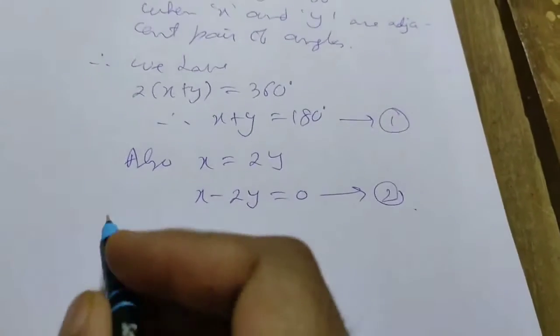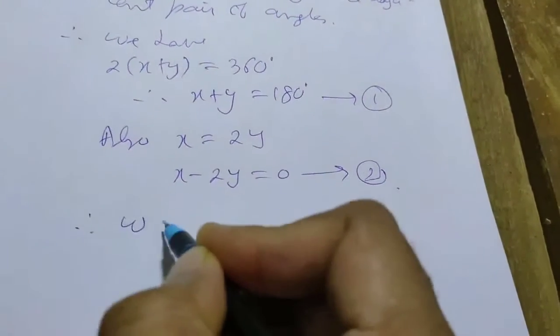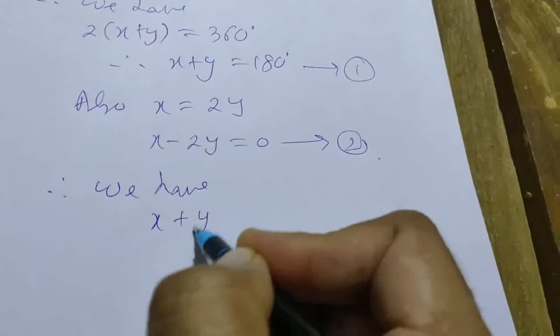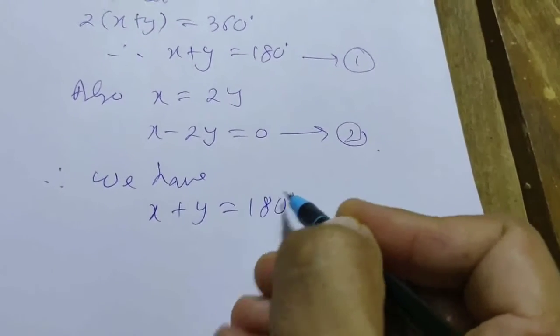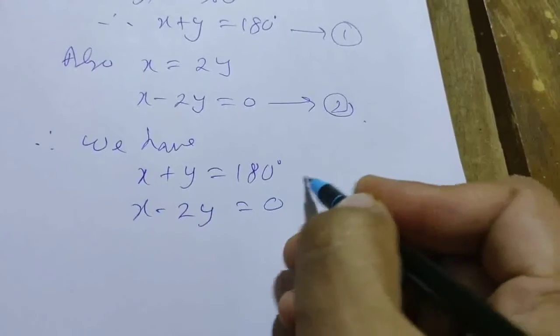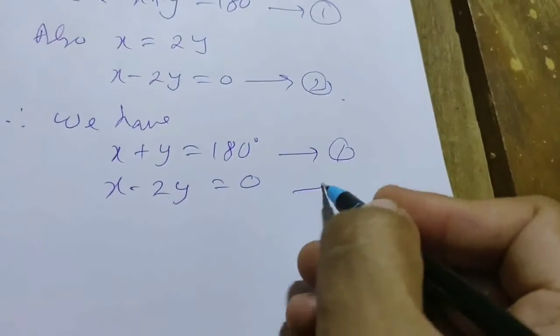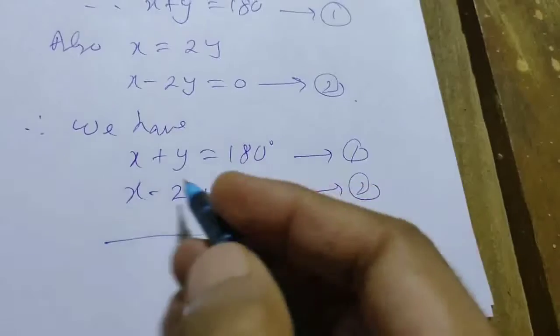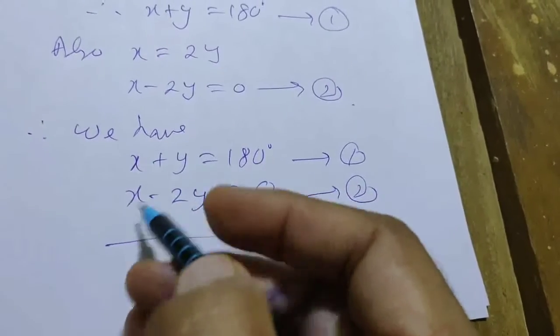So now we have x plus y equals 180 degrees and x minus 2y equals 0. This is equation number 1, this is equation number 2. Now we can subtract 2 from 1, because the coefficient of x in both cases is equal.